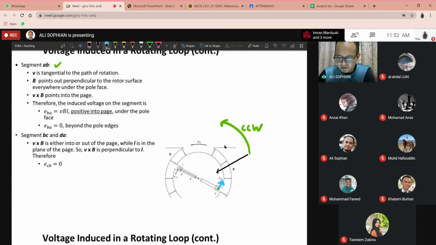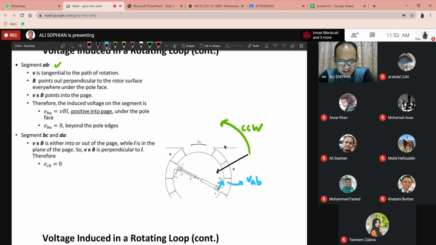This is going to be our vector VAB, the velocity of the wire moving across the magnetic field. How about the direction of B, the magnetic field at that point?